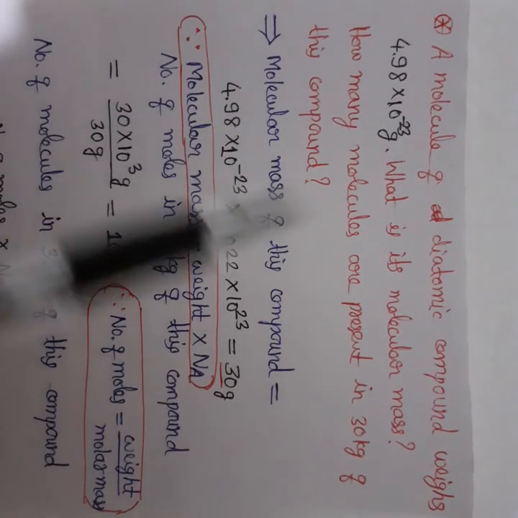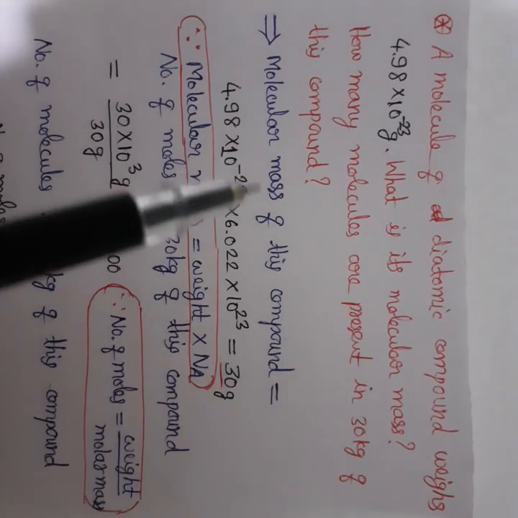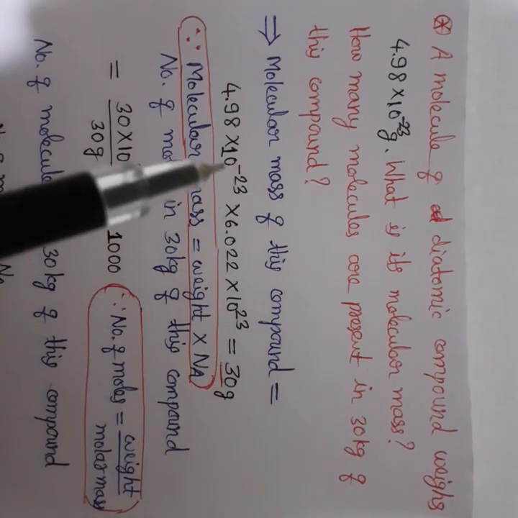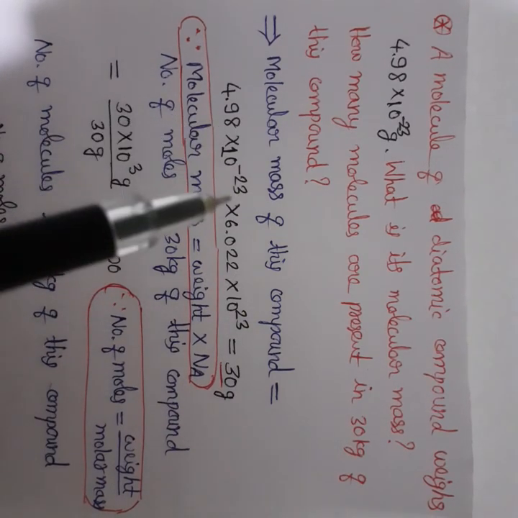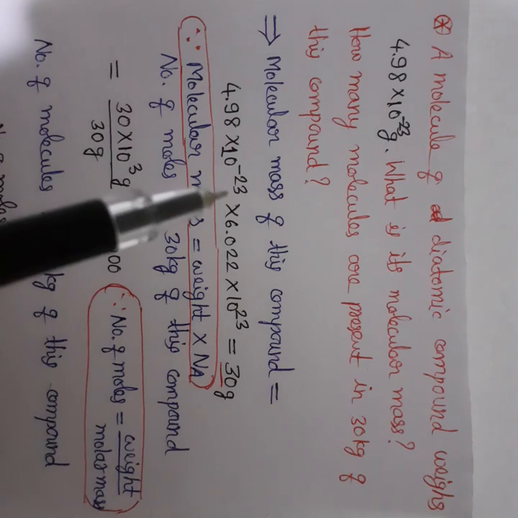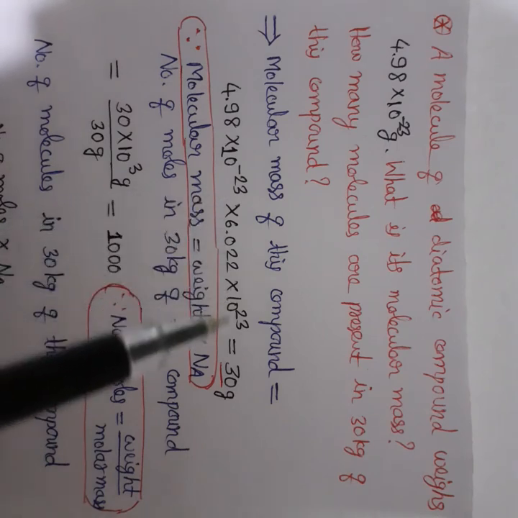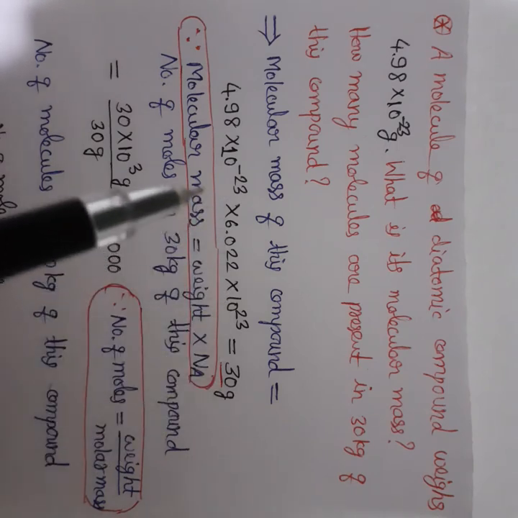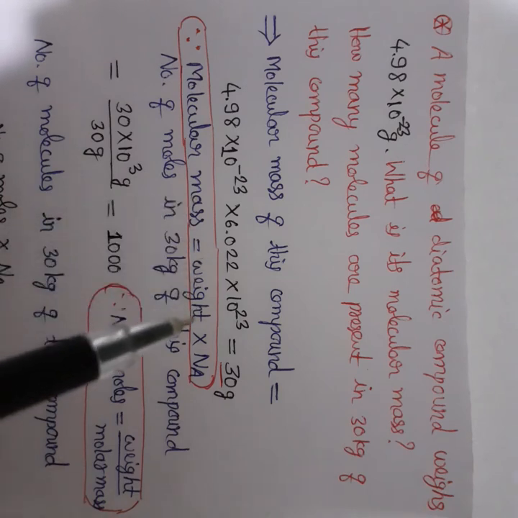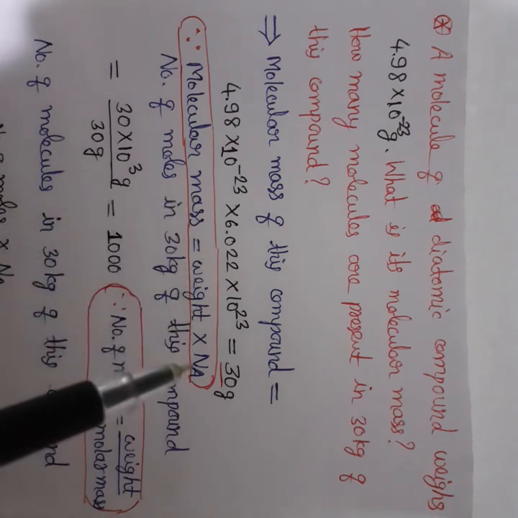Here first we need to calculate the molecular mass. Molecular mass of this compound is equal to 4.98 into 10 to the power minus 23 gram into Avogadro number. This gives 30 gram, because molecular mass is equal to weight of one molecule into Avogadro number.